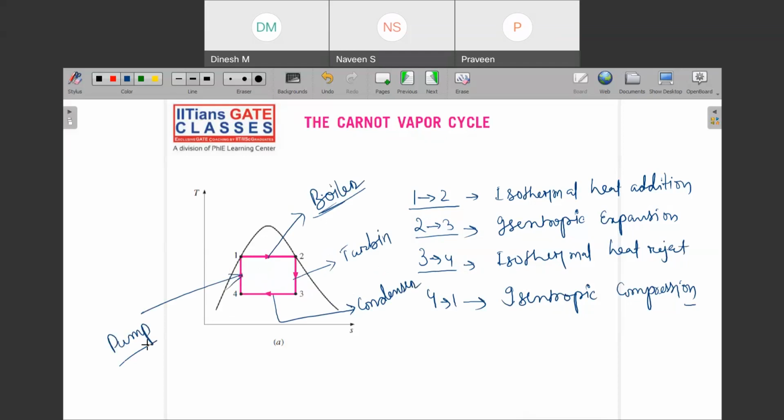So can we find out the efficiency of this cycle? Here your working fluid is water. Can you see that water has started its travel from somewhere, and then it has reached what?